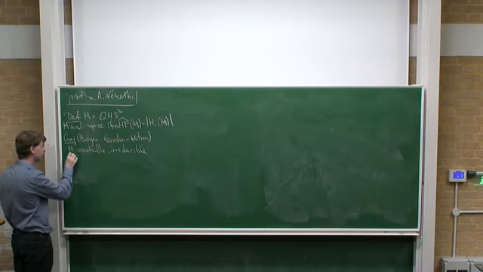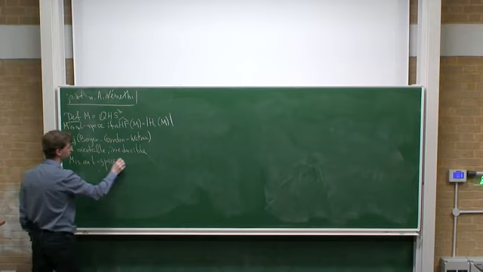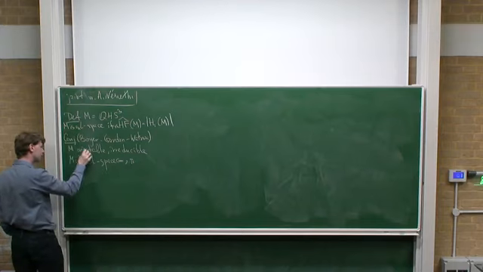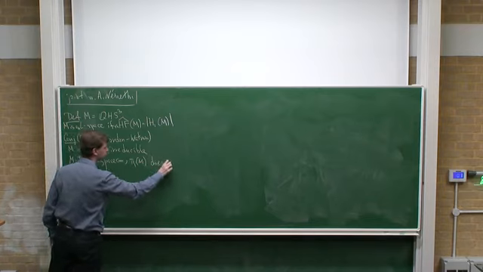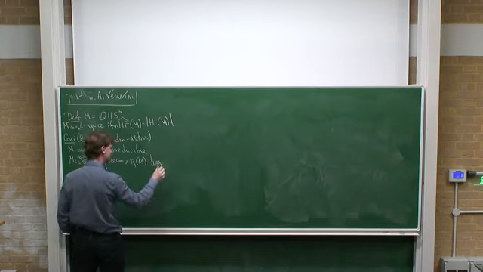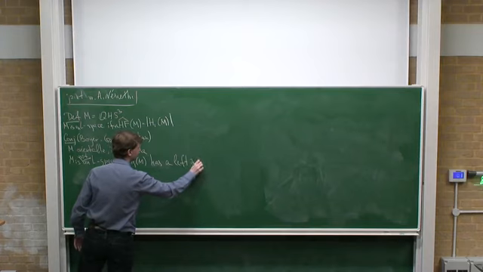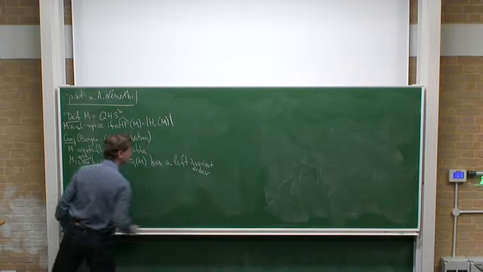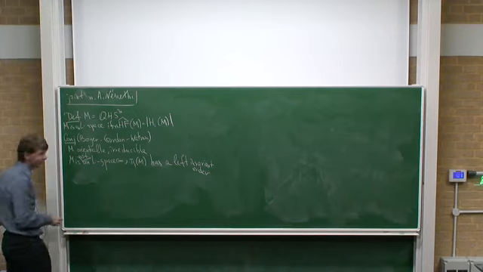Then M is an L space if and only if pi 1 of M does not have a left-invariant ordering.